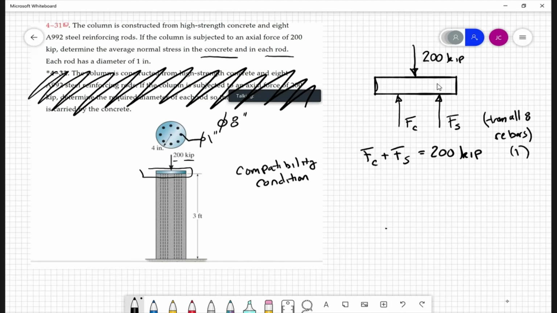Obviously the total elongation is not zero. This will compress. I think that's a reasonable assumption. So I can't say the elongation is zero, but there is a compatibility condition here.